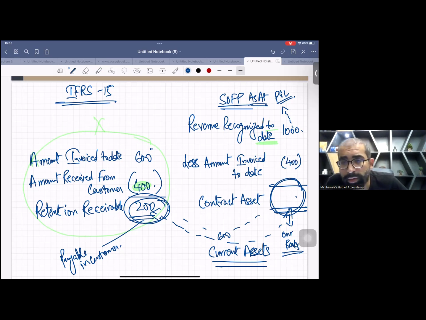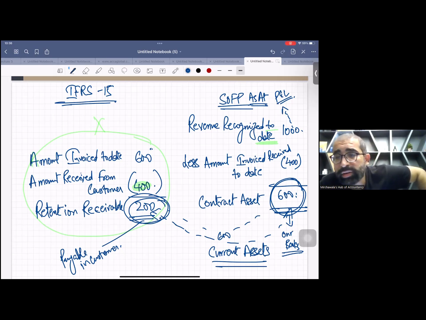If I directly write 400 here, I'll get the 600 amount as contract asset here. So this 600 also includes retention receivable. That means two things are combined in this 600 now. 400 is the contract asset and 200 is the retention receivable.